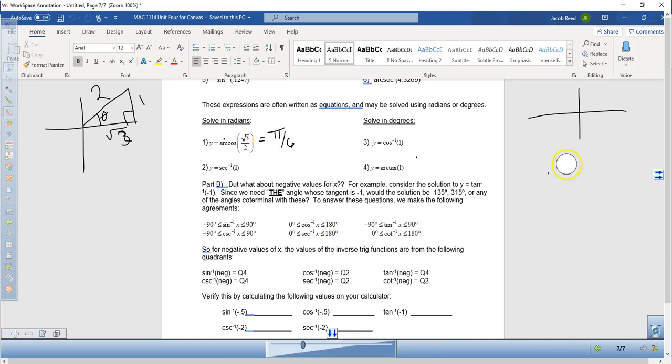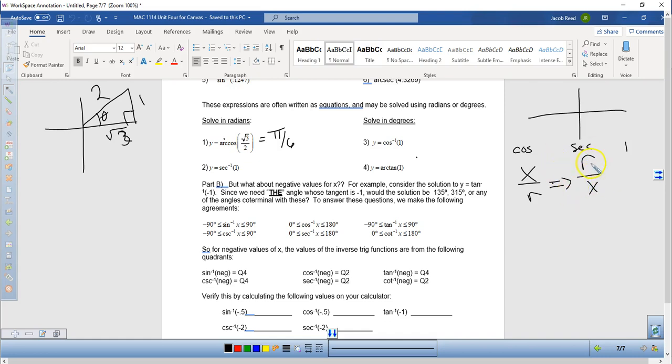Another way to look at this is that cosine is x over r. That means that secant is r over x. We know that r is always going to be 1, as long as we make it the unit circle. So I need to know when x is 1.